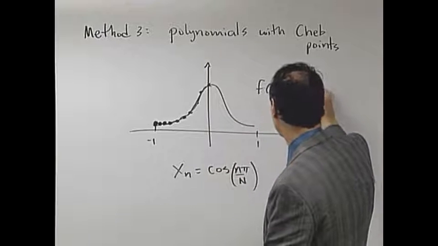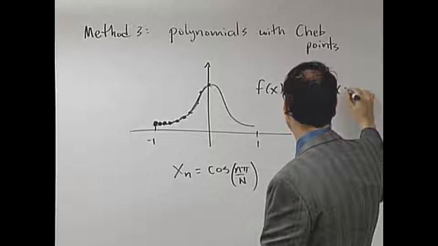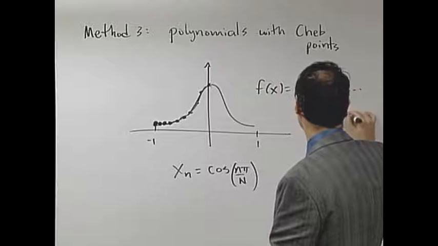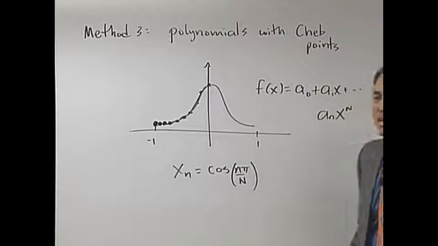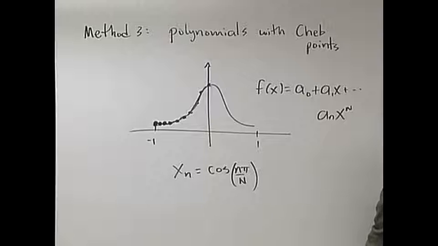If you're going to start working with them, they're really easy to differentiate. You kind of have this intuitive sense of how they work. And you're just evaluating on different points now. Instead of evaluating on equally spaced points, you just do it on the Cheb points, Cheb collocation points, and you're done.